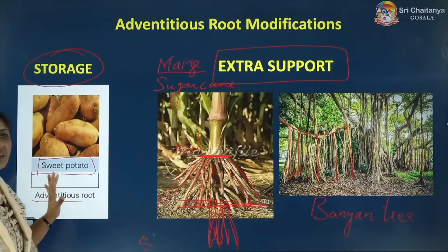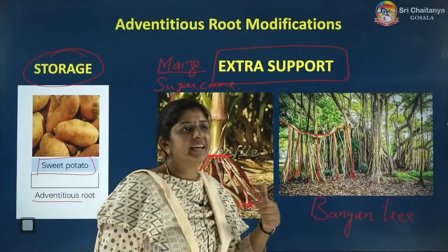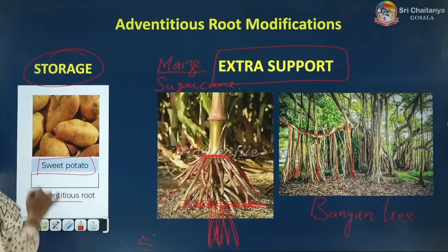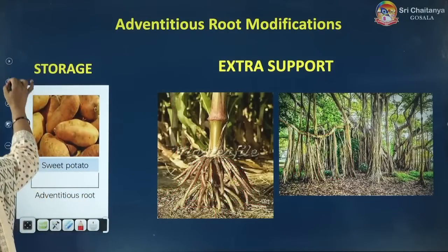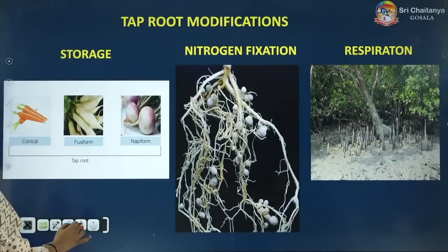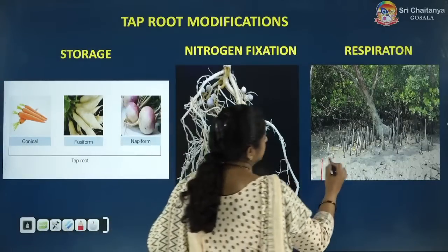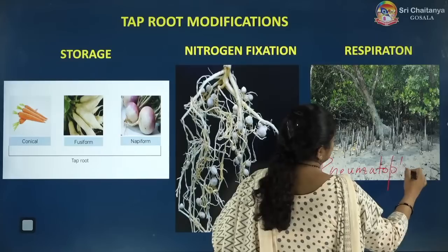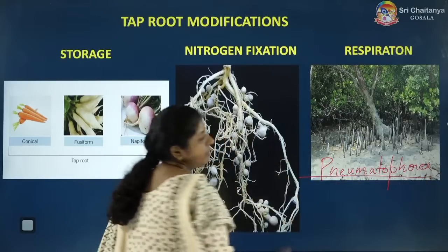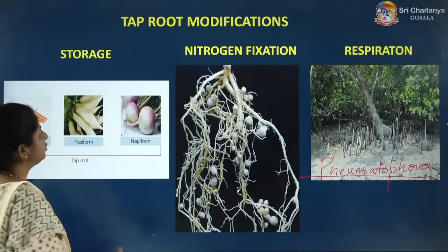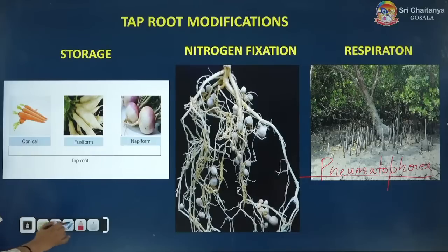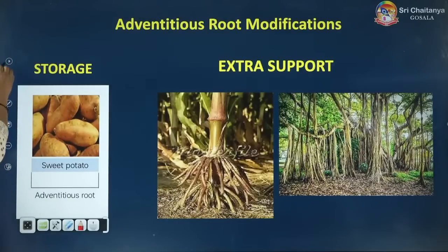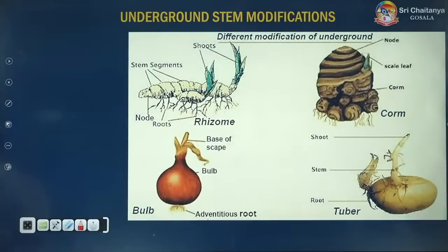Are you getting that? Pneumatophores, yes, those respiratory roots. The respiratory roots, what we have discussed, you even call them what thing? Pneumatophores. Right? So that you should know. So this is all we discussed for the what thing? Root modification. Fibrous root and that root modification.